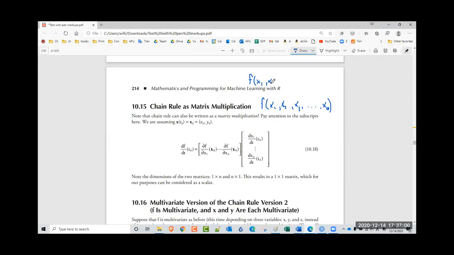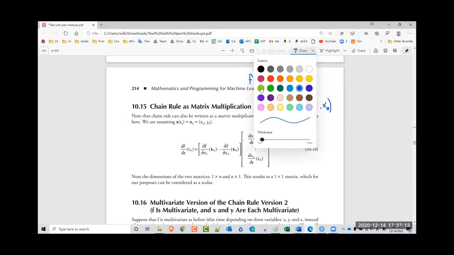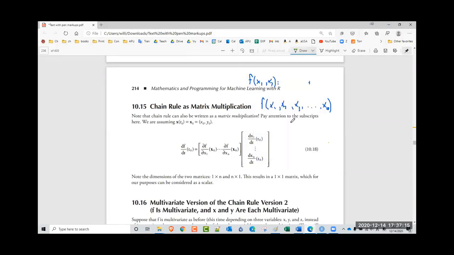Can anybody recall what it was? There were two pieces. I put green boxes around both of them. So there was one green box here and another green box here. Does anybody remember what they are?